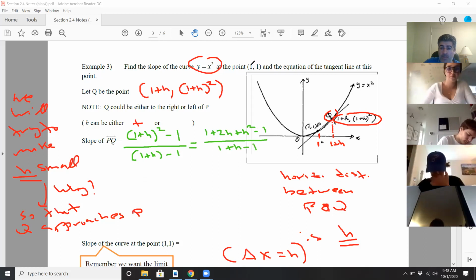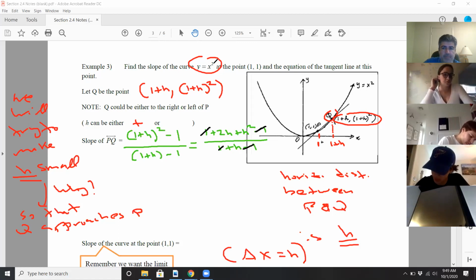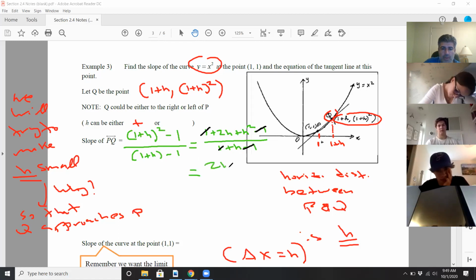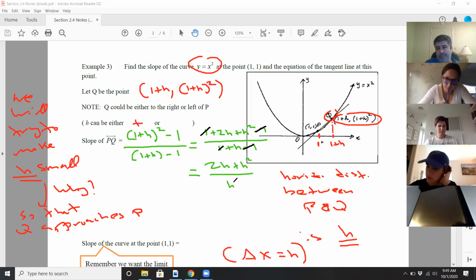Now, will things cancel? Absolutely. These will cancel, and these will cancel. So what am I stuck with? 2h plus h squared over h. There's a lot of symbolic stuff. It's just what we have to do.